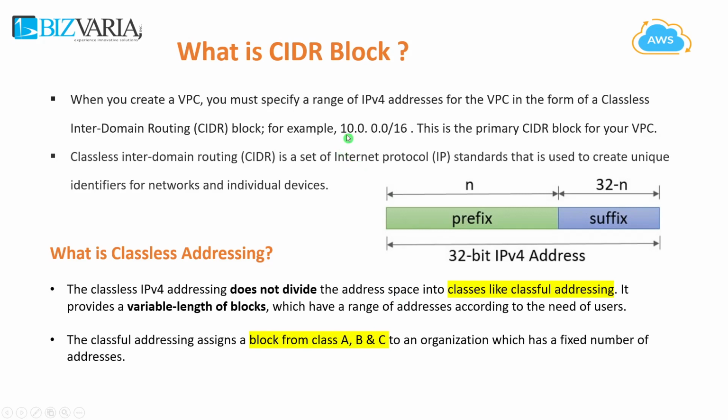The CIDR block has two things: a prefix and a suffix. I already gave you an example of this. The part of your IP address like 10.0.0.0 is the prefix.